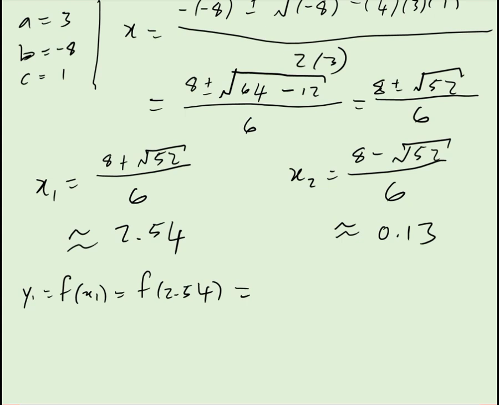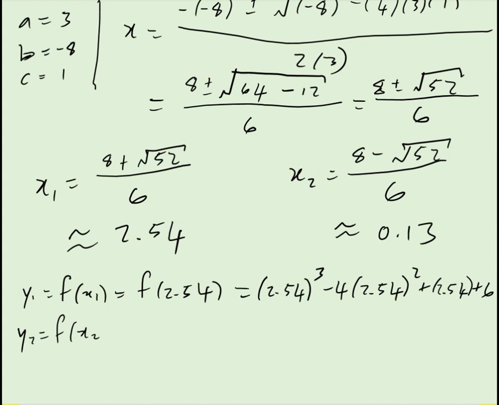If we plug this into our original function, please note we are plugging it into the original function, not the derivative, this is just 2.54 cubed minus 4 times 2.54 squared plus 2.54 plus 6. And with y2, it will be f of x2, which is f of 0.13.